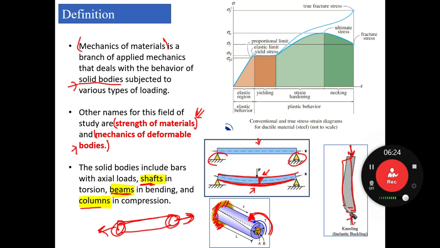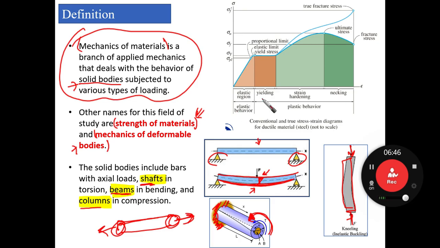So whenever we are dealing with stresses and strains, we need to know the behavior of the material. So this is what the definition is all about. Okay, so we are going to see how the behavior of the material changes.